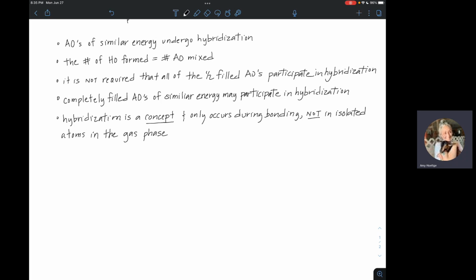A carbon atom, isolated, just hanging out by itself in the gas phase, has not been seen or found to undergo this hybridization. This is kind of like electronegativity, right? This is something that you notice when your atoms are involved in bonding with other atoms. This is something that we believe could occur, or it's a model, in other words, or a concept, right?